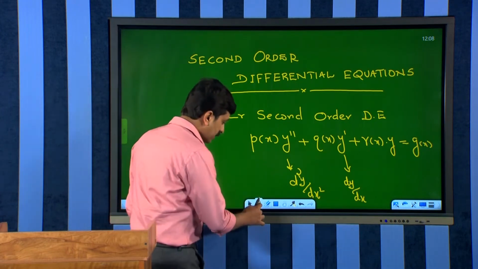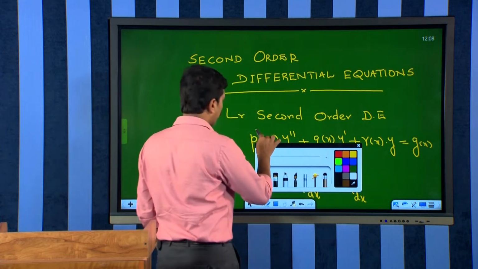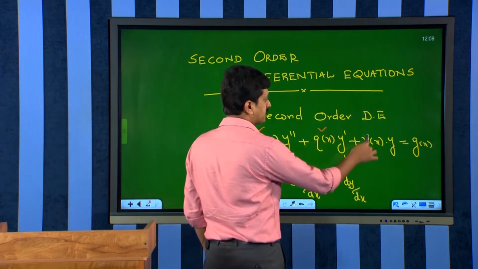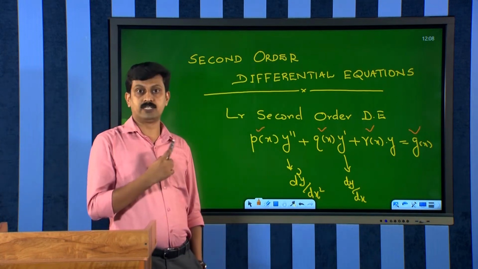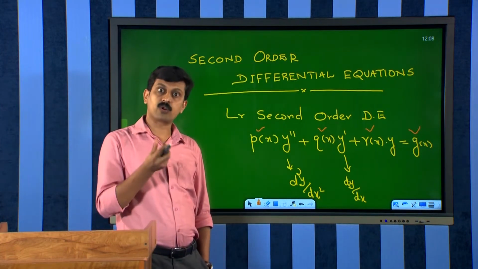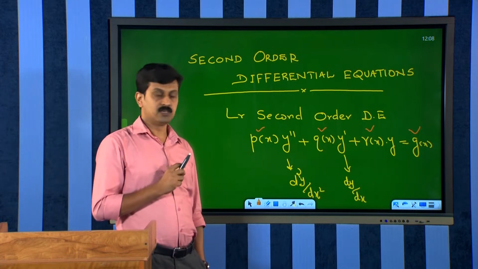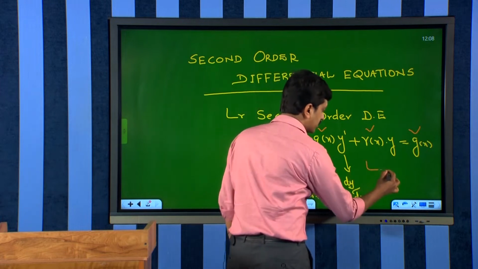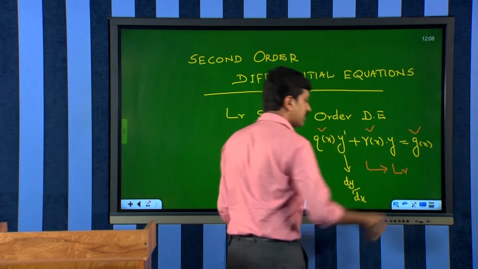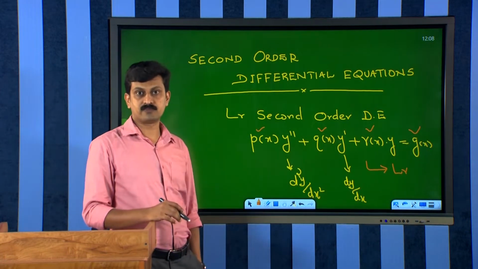Here p of x, q of x, r of x and g of x are functions of x, or real constants. So we can say that this differential equation is linear.